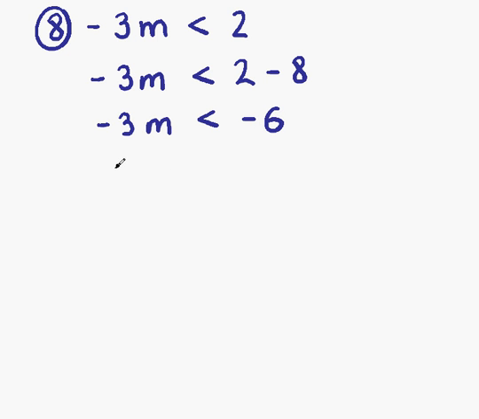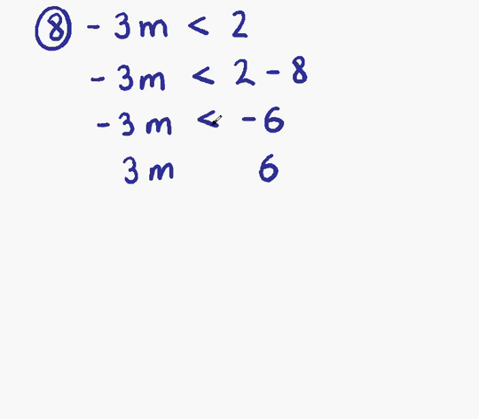Now at this point, if we were solving a normal equation, what we would do is multiply through by minus 1. That would leave us with 3m on the left and 6 on the right. So what we've done is multiplied through by minus 1. When solving inequations, if we multiply or divide both sides by a negative number, then we need to reverse the inequality sign.